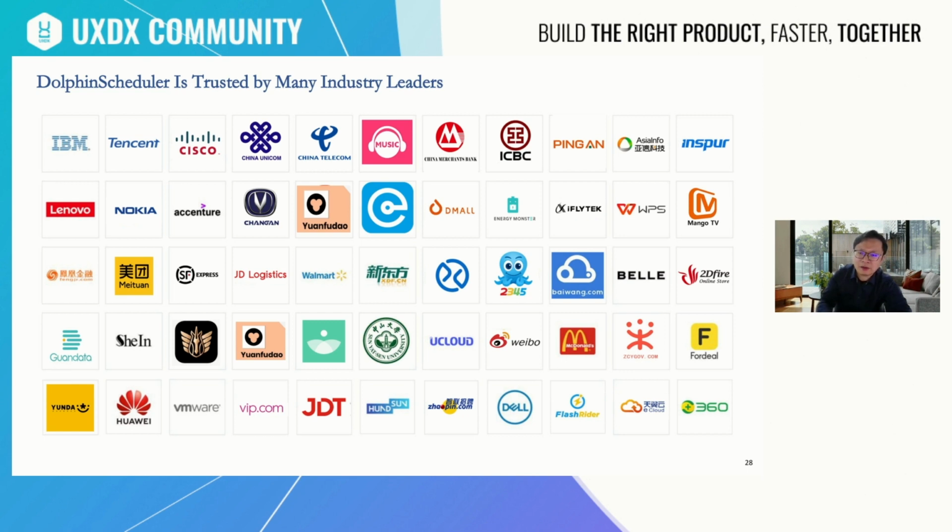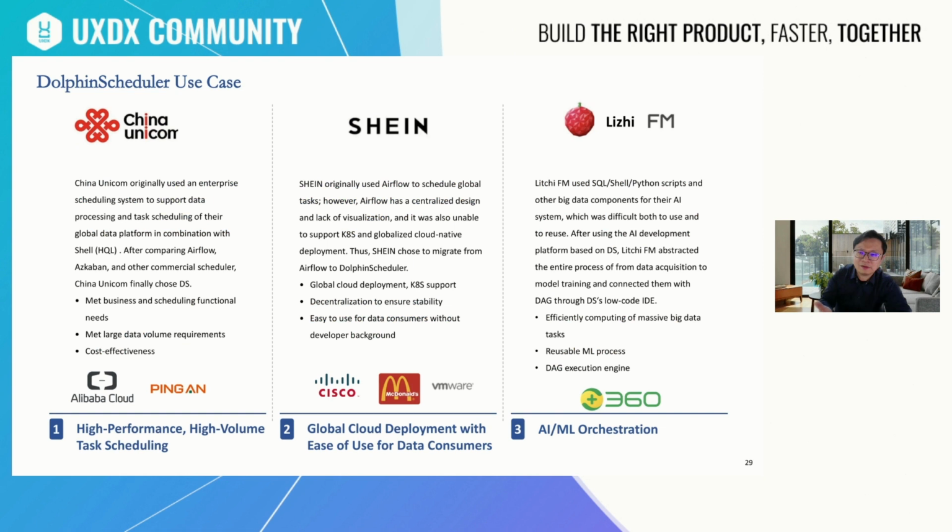So I think if you are interested in this project, you can use it for your enterprise. Now there are also a lot of use cases in China, in Singapore, in India.